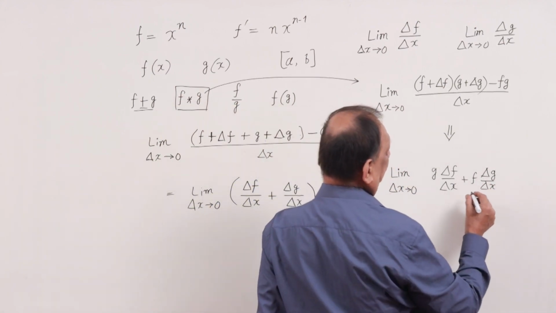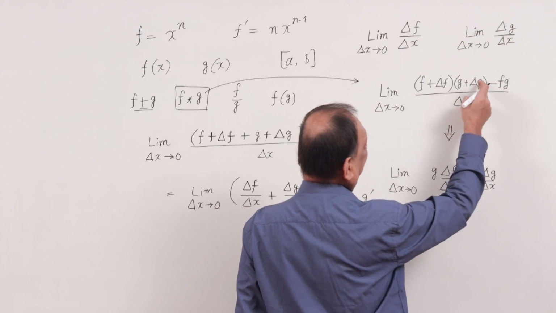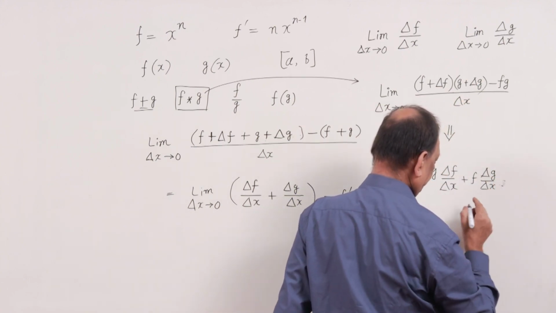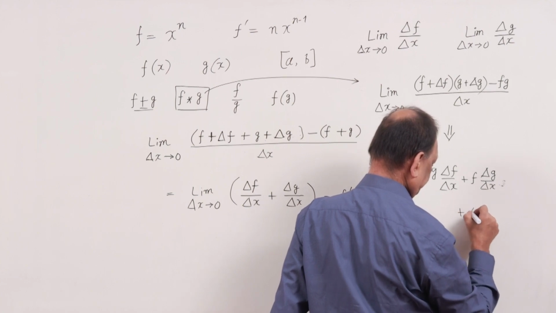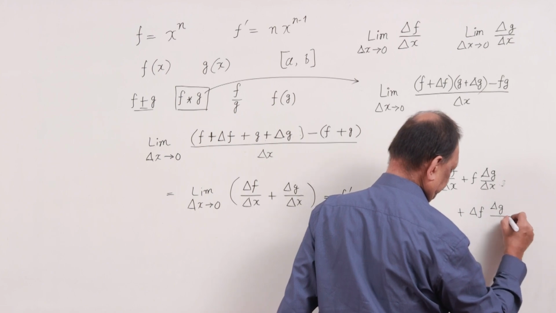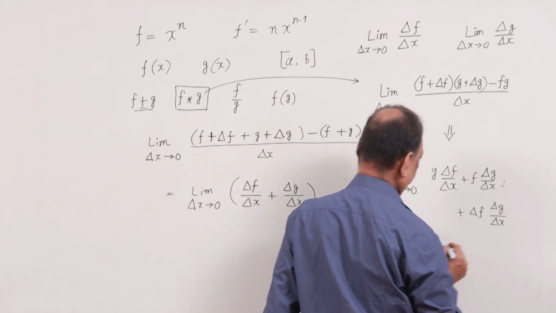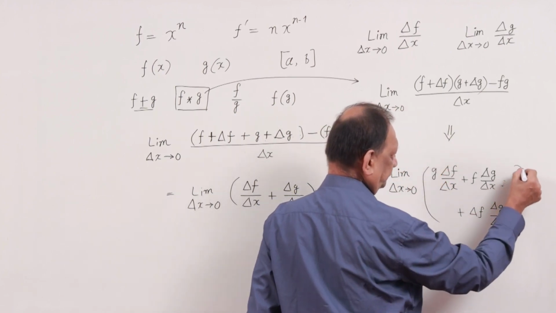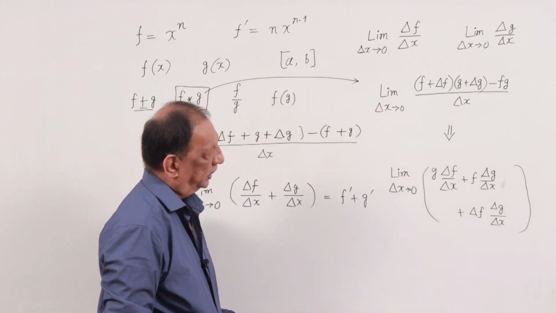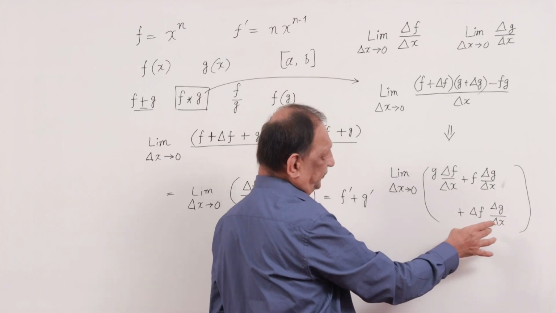We have one more term, which is delta f delta g by delta x. Now I got a sum of three different terms.